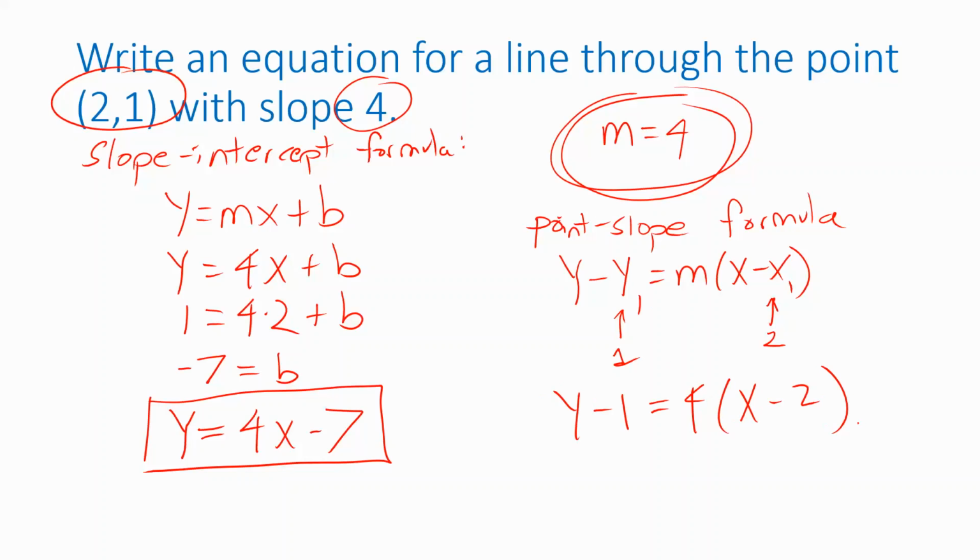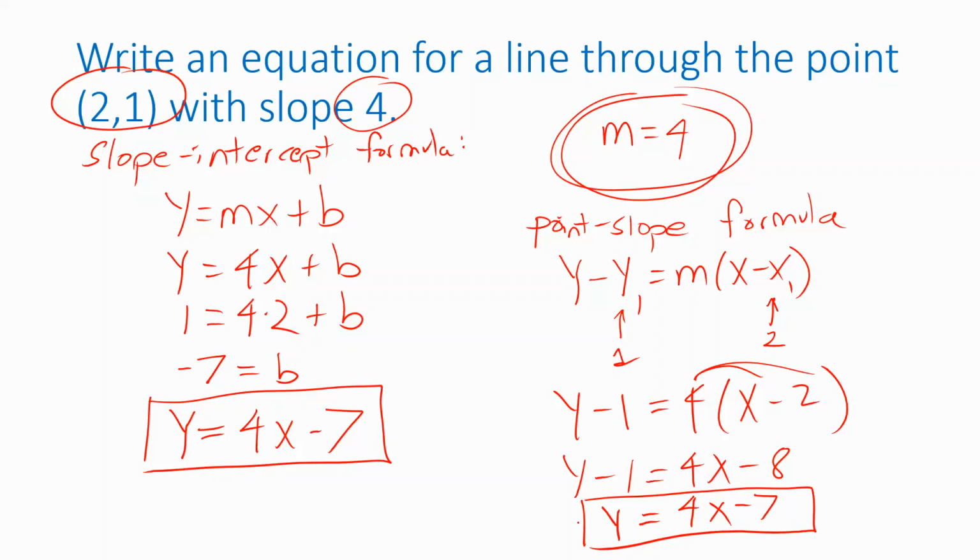So then the next thing you'd usually want to do is isolate y. And in this case, I can do that in two steps. I distribute this multiplication by 4, so I get 4x - 8. And then I add 1 to both sides. -8 plus 1 will be -7. So it's the same answer we got before, just a different approach to get there.